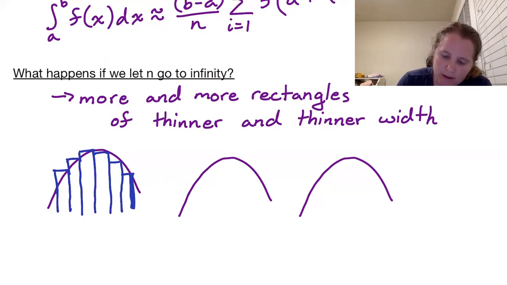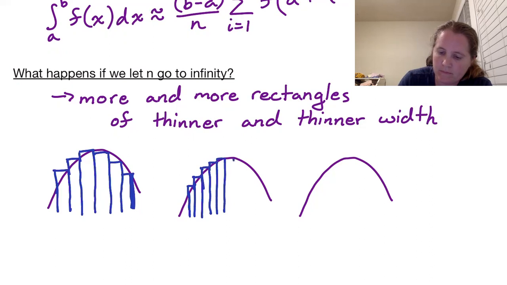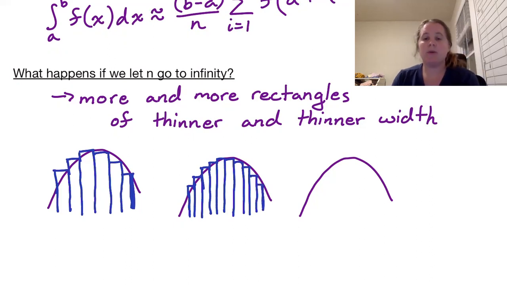Now let's go ahead and do slightly narrower rectangles, again using the right-hand rule. And this time around, those little triangles or almost triangles of either extra or underestimation are much smaller, and we're getting closer to actual area.